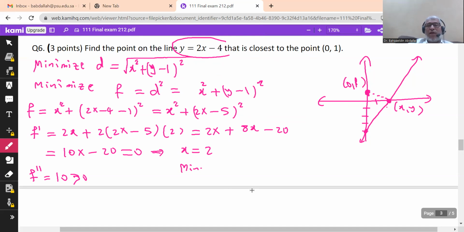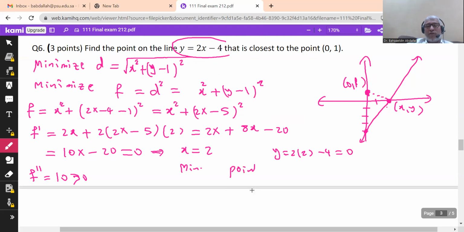So what is the question? Find the point on the line that's closest to the point 0, 1. So when x is 2, the point would be closest. So how to find y? y is 2x minus 4, so 2 times 2 minus 4. 4 minus 4 is 0.